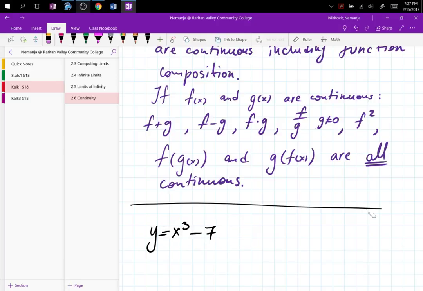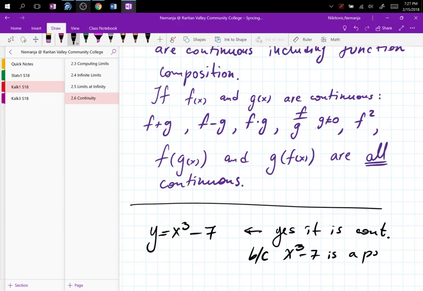Polynomial. So, is it continuous? Yes. It is continuous because x cubed minus 7 is a polynomial. And if it's a polynomial, by the blue theorem up there, it's globally continuous on the entire domain. The domain of polynomials is negative infinity to positive infinity. So there we go.